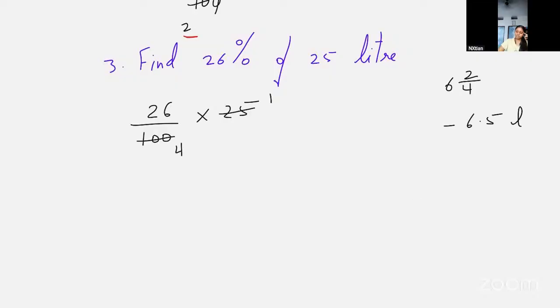Yes, Hannah. Ma'am, in fraction, I'm getting 13 by 2. In decimal, I'm getting 6.5. 13 by 2, Hannah. Yes, ma'am. Convert it to a mixed fraction and tell.